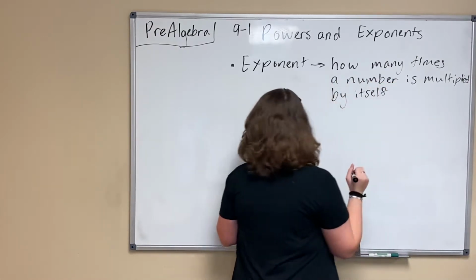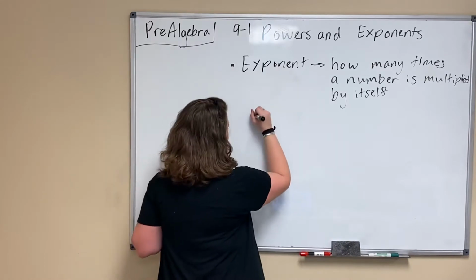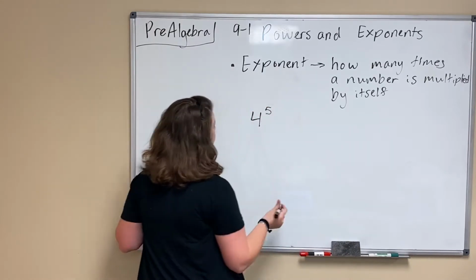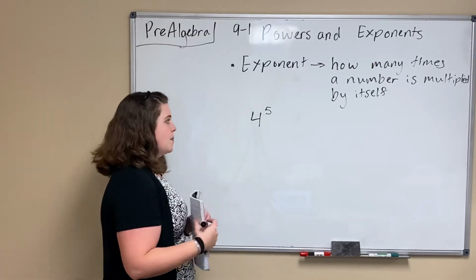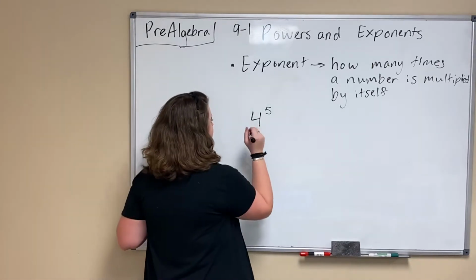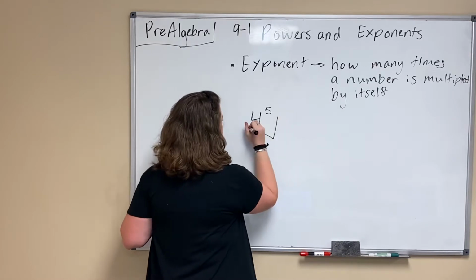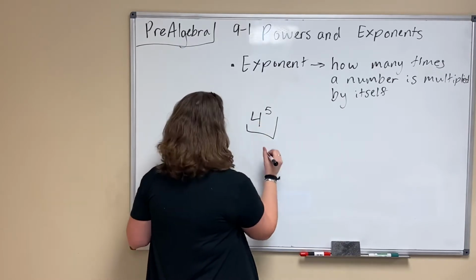And they look like this, like 4 raised to the 5th power. And that's how we say it, 4 raised to the 5th power. So the whole thing here we're going to call a power.